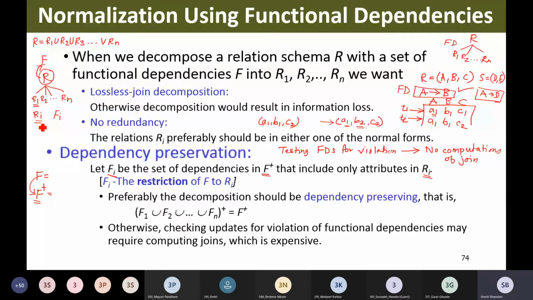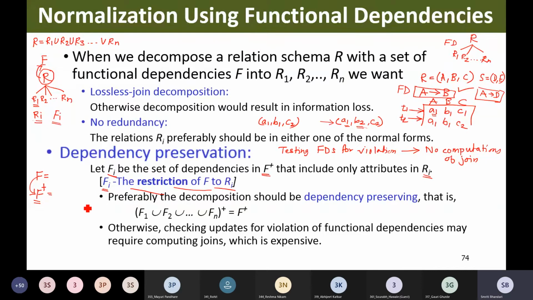Right? So similarly, for every relation Ri in this decomposition, we may come up with a set of functional dependencies Fi that include only the attributes in relation Ri. And this set Fi is known as the restriction of F to Ri.